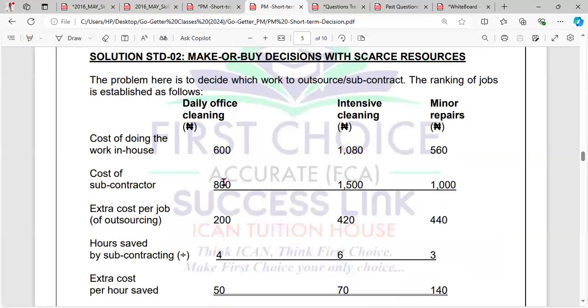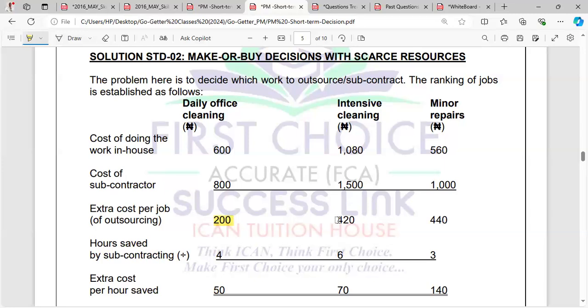Now, if we subtract 600 from this, that means the extra that you are paying for giving it outside is 200. Because of course we know that anyhow, you will pay 600. But now, giving it to a subcontractor, you are paying 200 naira extra.